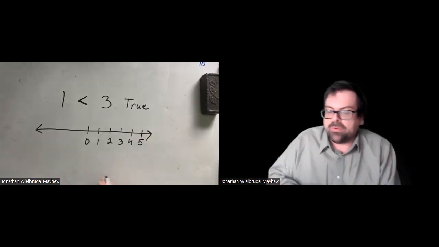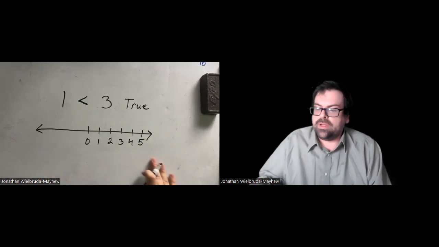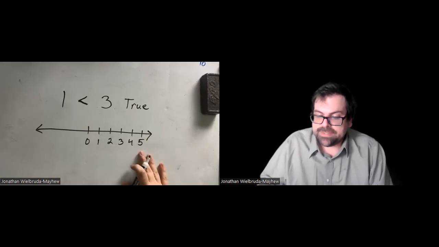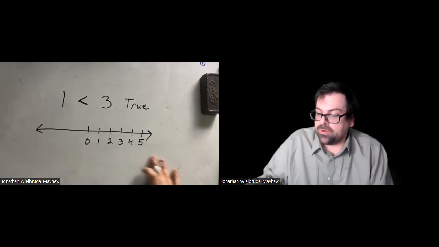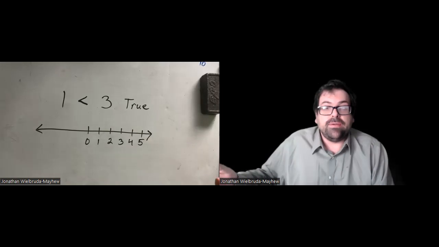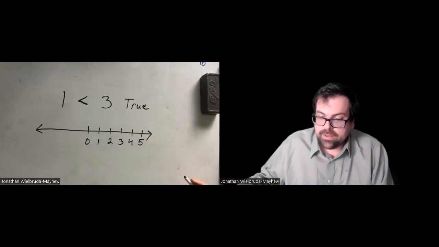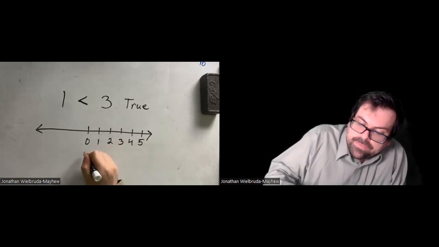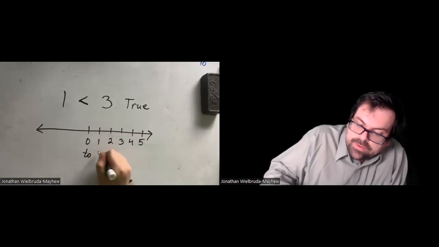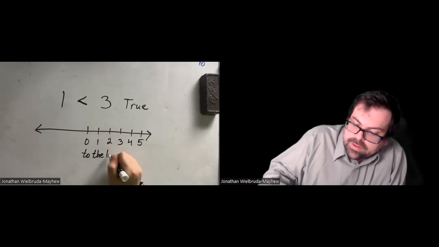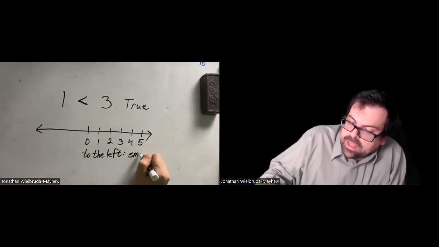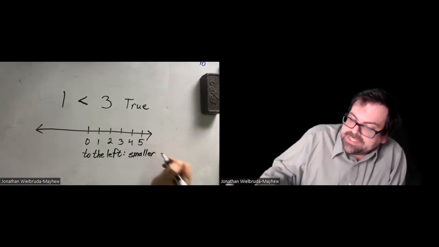And right now for the number line, we're just going to look at 0 and the positive counting numbers, the whole numbers. 0 and the natural numbers. However you want to think of 0 through everything. If a number is to the left, it's smaller.